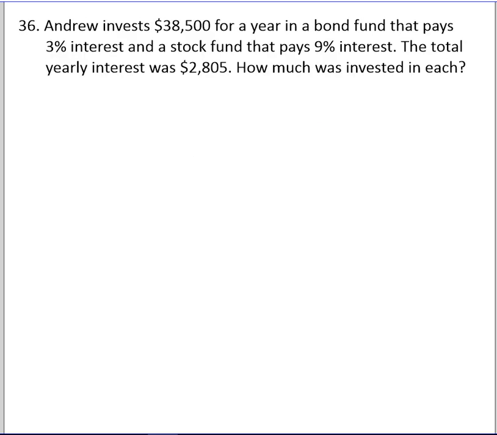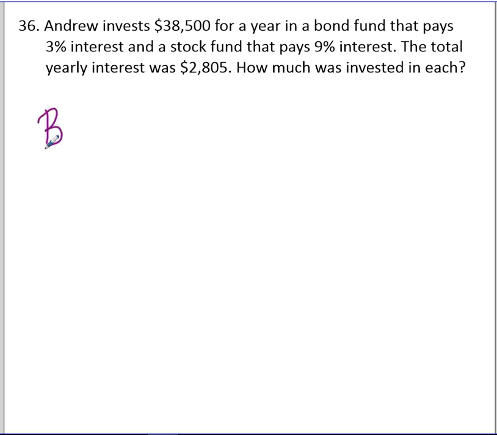For 36, Andrew invests $38,500 per year in a bond that pays 3% and a stock that pays 9%. His total interest is $2,805. So how much was invested in each? Here we don't have a chart, so let's go ahead and create one. It makes it so much nicer.